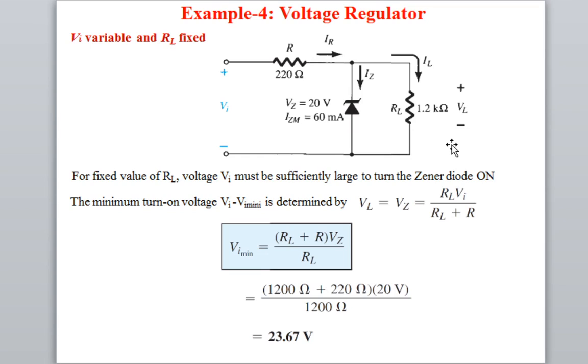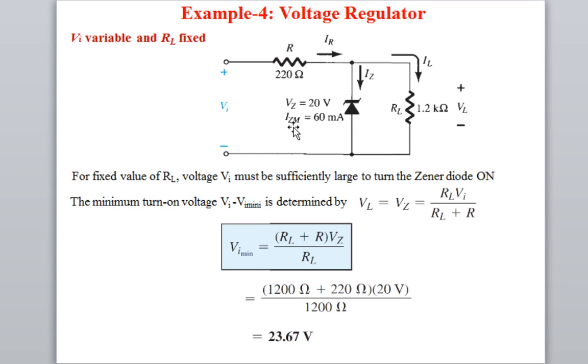Let us assume the Zener is in conducting state. Then the Zener diode will be replaced by a battery of 20 volt, and this load resistance is in parallel. So this is 20 volt, so VL will also be 20 volt.